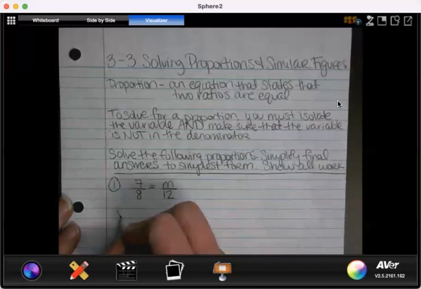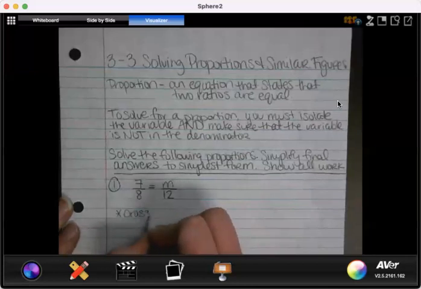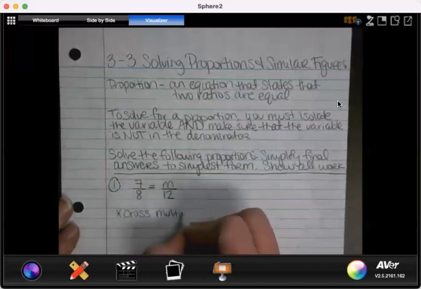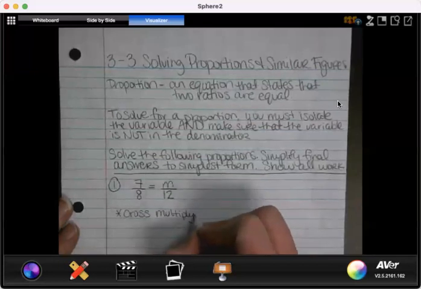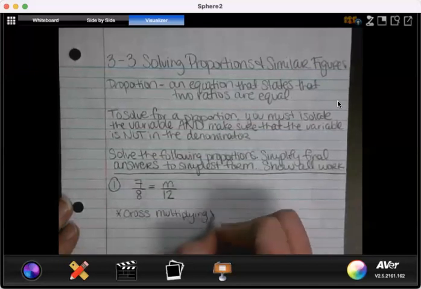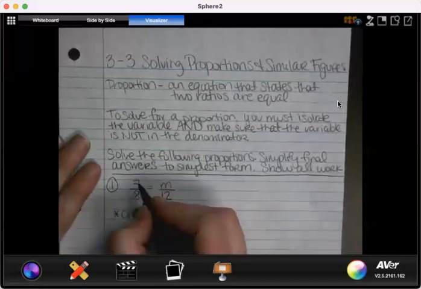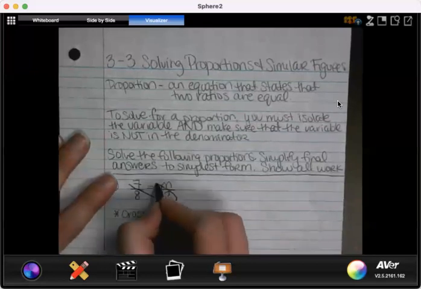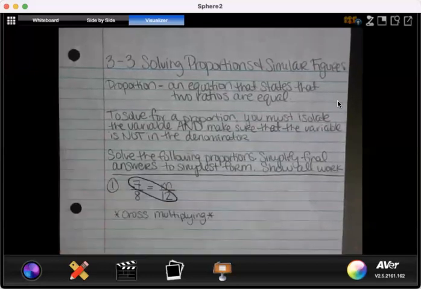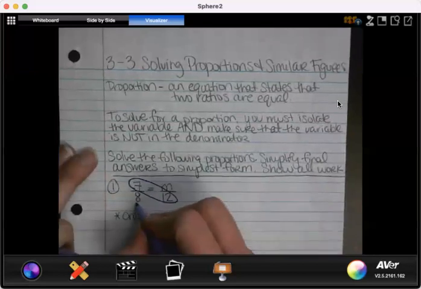So we're going to cross multiply. Similar to cross simplifying, but we're multiplying here. That means we're going to take a value from the numerator and multiply it across to the denominator, and then do the same thing on the other side.